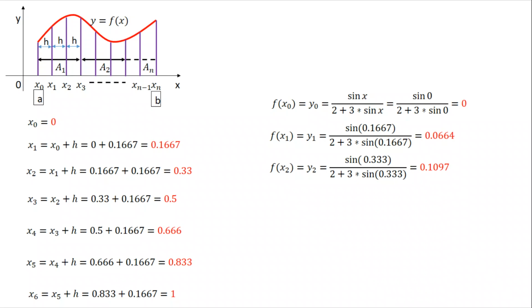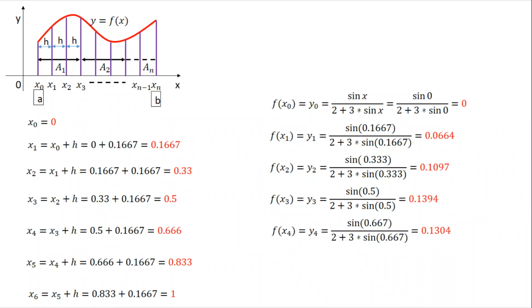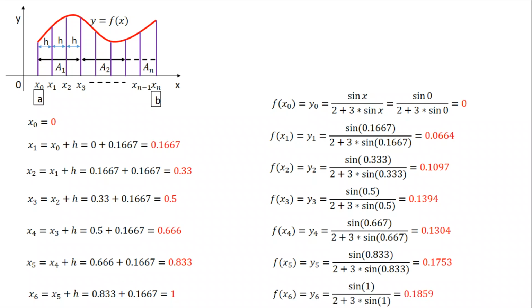f of x2 is y2, equal to sine 0.333 upon 2 plus 3 into sine 0.333, equals 0.1097. f of x3 is y3, equal to sine 0.5 upon 2 plus 3 into sine 0.5, equals 0.1394. f of x4 is y4, equal to sine 0.666 upon 2 plus 3 into sine 0.667, equals 0.1304. f of x5 is y5, equal to sine 0.833 upon 2 plus 3 into sine 0.833, equals 0.1753.